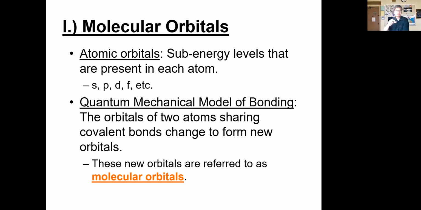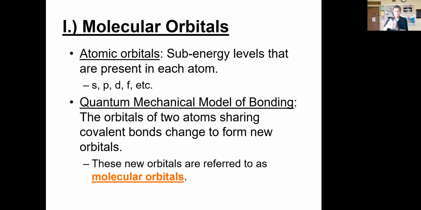With an s orbital like I have here, the s orbital represented a probability of finding an electron at some point around the nucleus, and the s orbital represented the lowest energy of all the atomic orbitals. Think back to Bohr's model of the atom, where we had the circles around the nucleus. Those represented principal energy levels, and within each principal energy level, you can subdivide into orbitals, or sub energy levels as well.